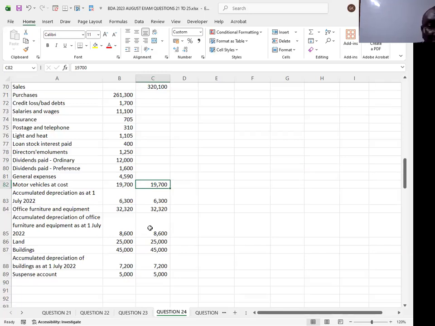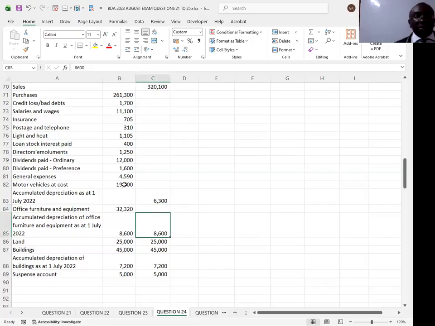Motor vehicles at cost. Debit. Accumulated depreciation. Accumulated depreciation is credit. Yeah, because it's meant to reduce this cost. Office furniture and equipment. Yeah, that's debit.